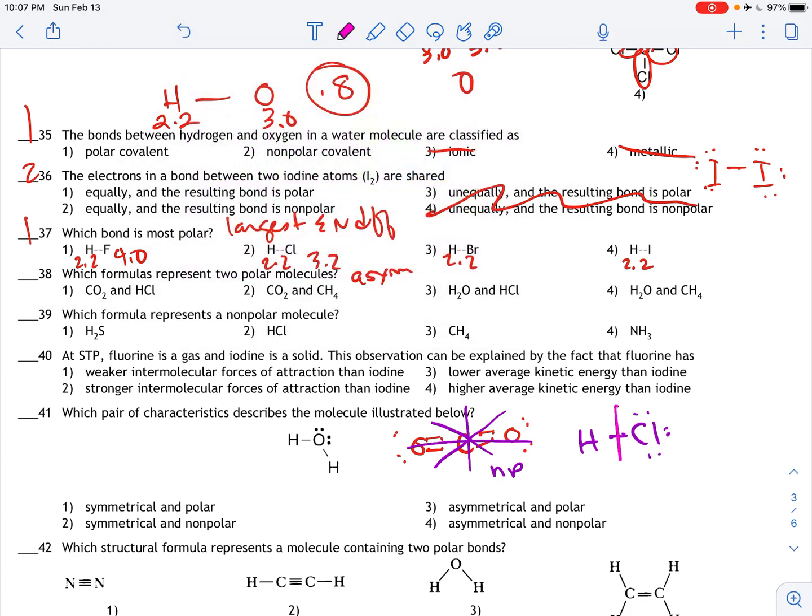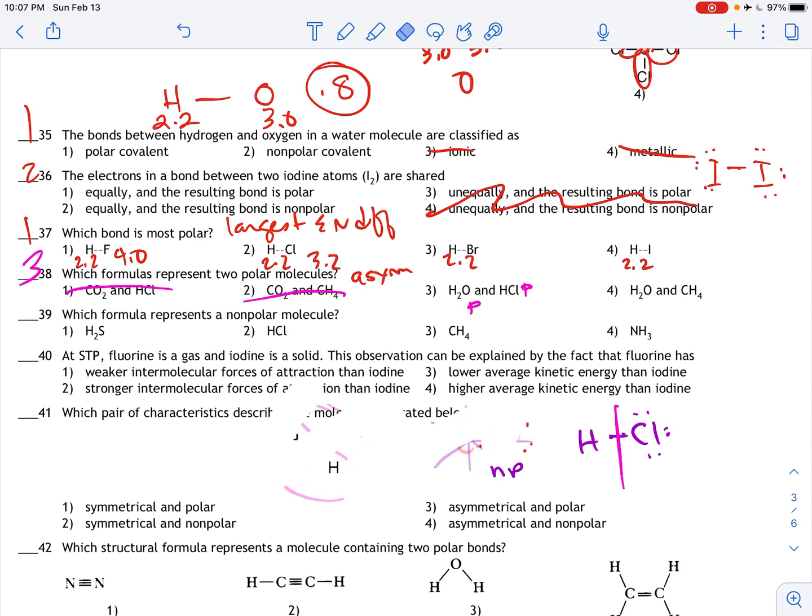Now that is asymmetrical. HCl is asymmetrical, but the CO2 is not. So maybe choice 3, because I know HCl is polar. So H2O, oh look, it's right here. Cut it this way and it looks symmetrical, but cut it this way and it is not symmetrical. So this is our answer, choice 3.